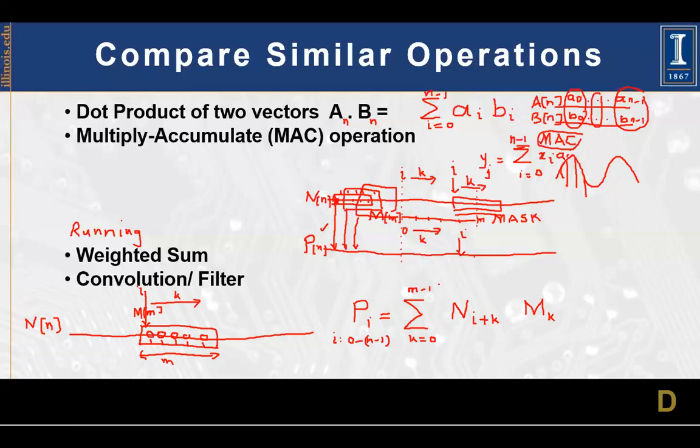So I will take the dot product at location i for a filter which has width m, from 0 to m minus 1. So that is the calculation I have to do in convolution. And you can see how it is very similar to our dot product, except that it keeps sliding over.